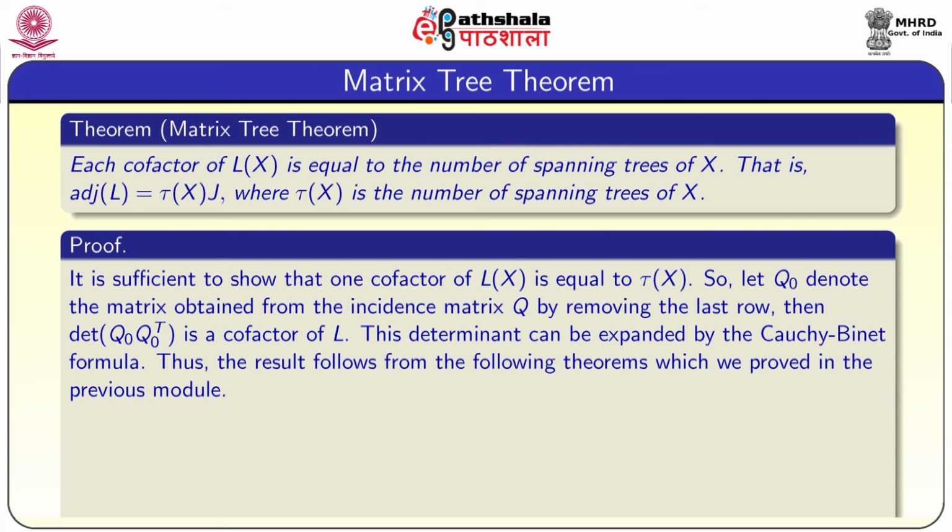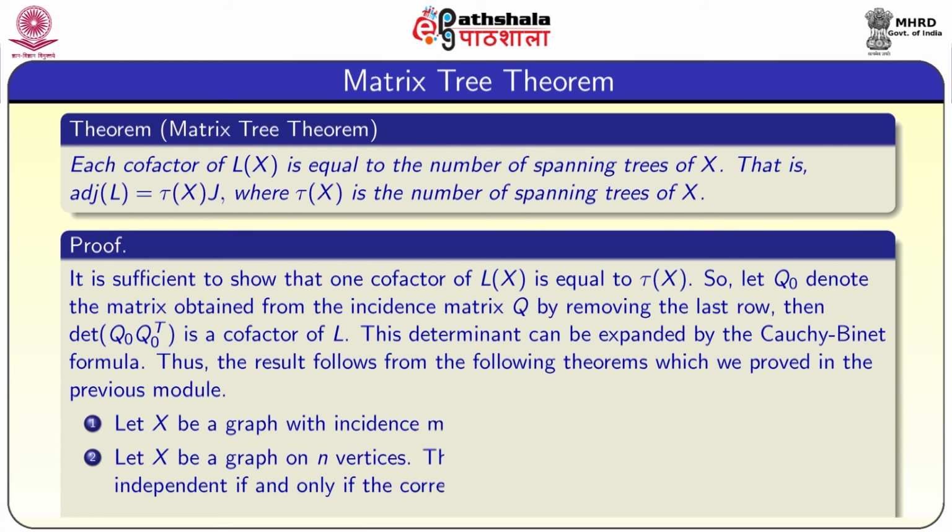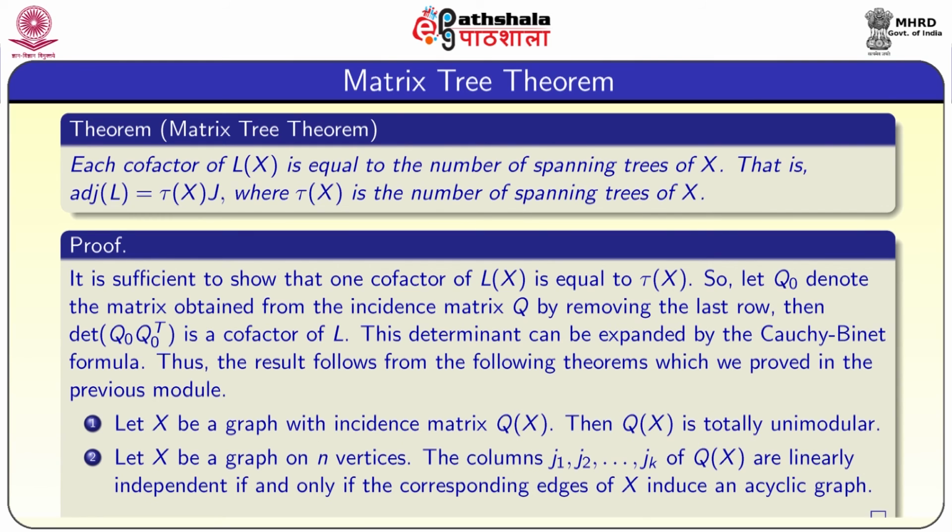Thus, the result follows from the following theorems which were proved in the previous module. Let X be a graph with incidence matrix Q of X, then Q of X is totally unimodular. Let X be a graph on n vertices, the columns J1, J2 and so on Jk of Q of X are linearly independent if and only if the corresponding edges of X induce an acyclic graph.